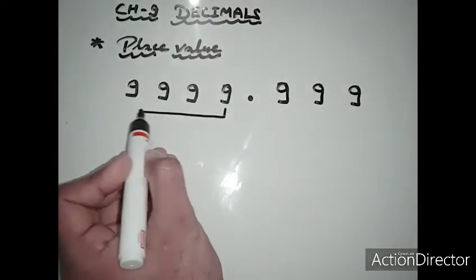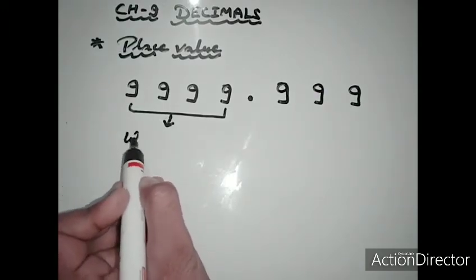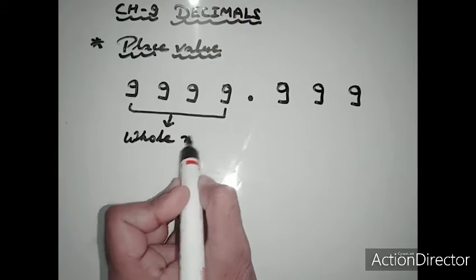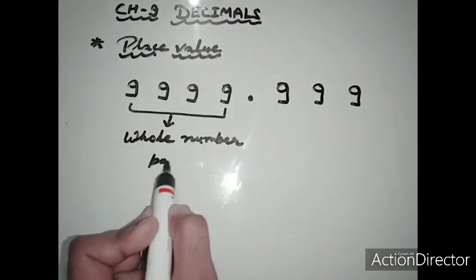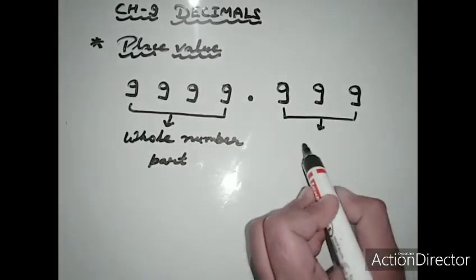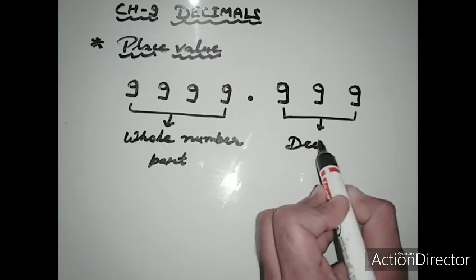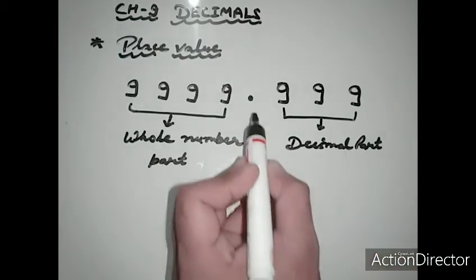This part is known as the whole number part, and this part is known as the decimal part, right?